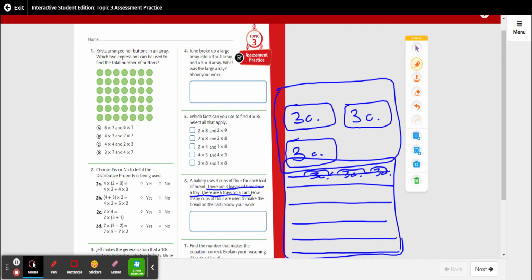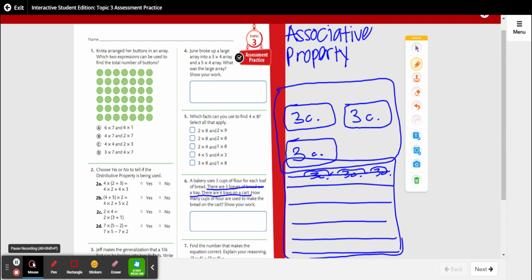So first, what property am I going to be using? The associative property. Let me write that. The associative property of multiplication. The associative property of multiplication tells us that we can group factors in a multiplication equation and the product doesn't change.